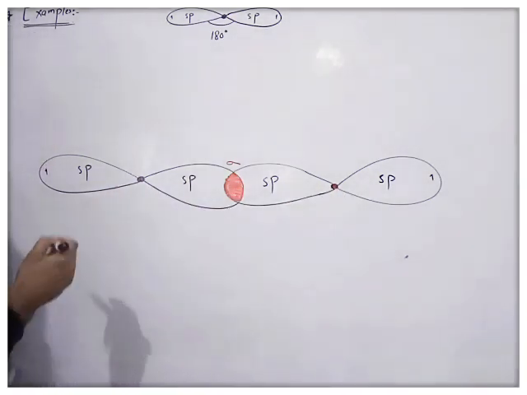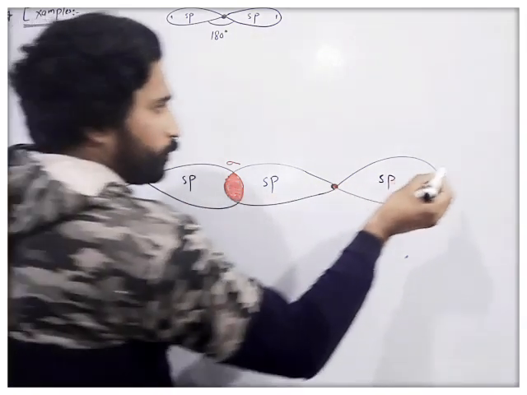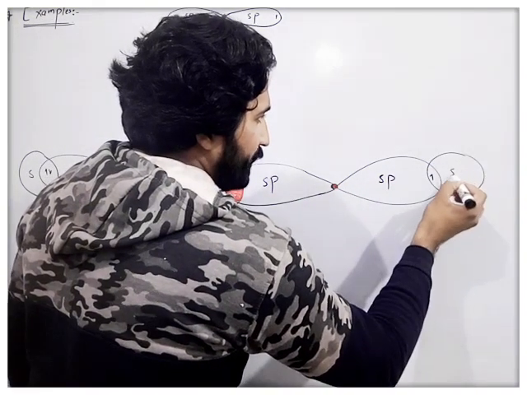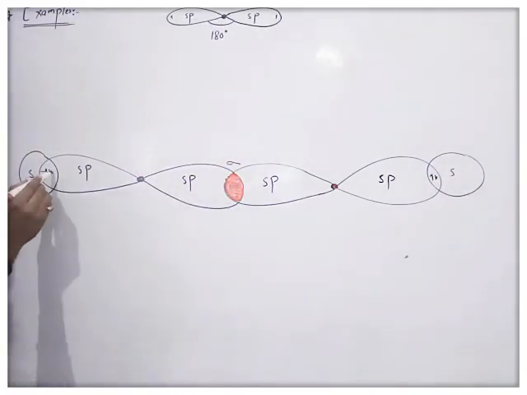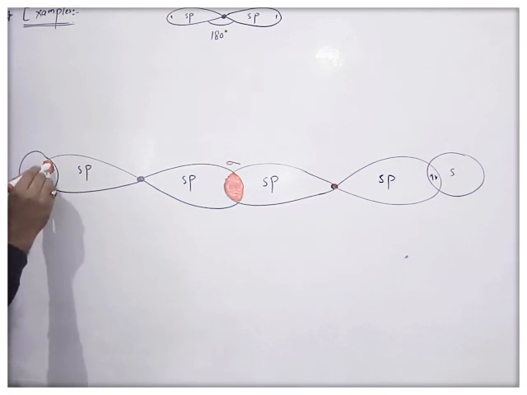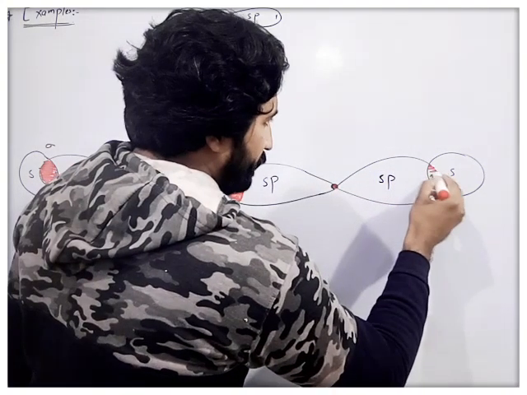And we know that the atomic number of hydrogen is 1, electronic configuration 1s1, that is the s atomic orbital of hydrogen. Also hydrogen s, and there is linear overlapping between s and sp, carbon and hydrogen, and the bond which is formed due to the linear overlapping is sigma, and also sigma here.